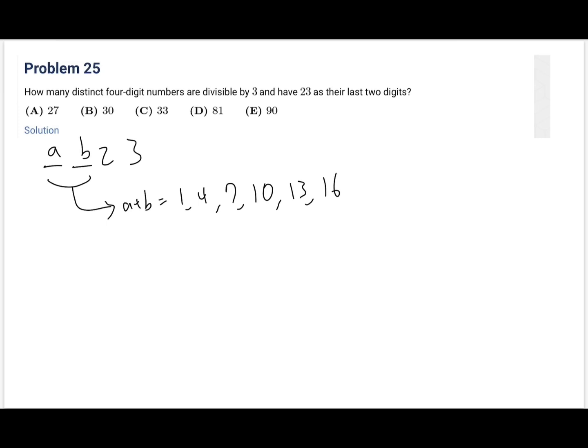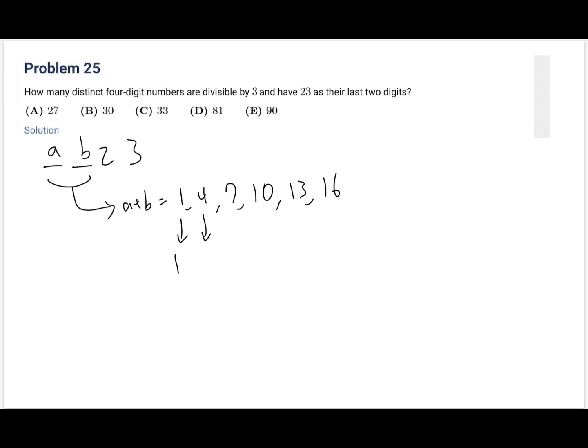But it can't go to 19, because the number must have 23 as its last two digits. So for 1 there will be one possible arrangement, only 1, 0, and then for 4 there will be 1, 3, 2, 2, 3, 1, 4, 0.